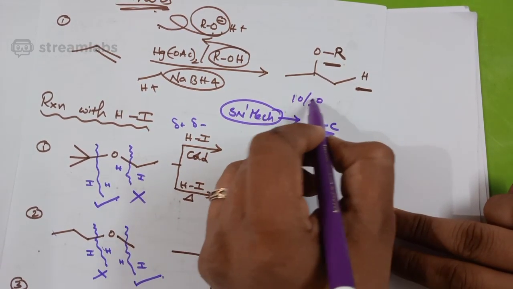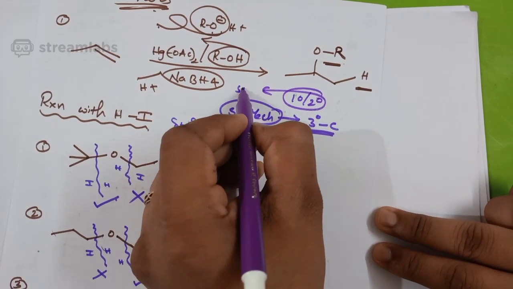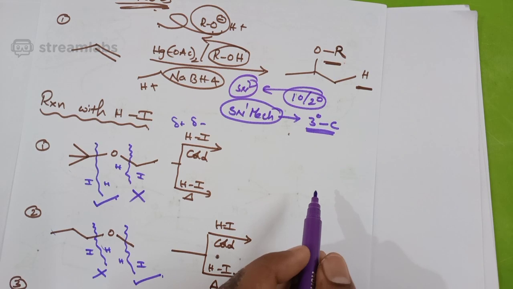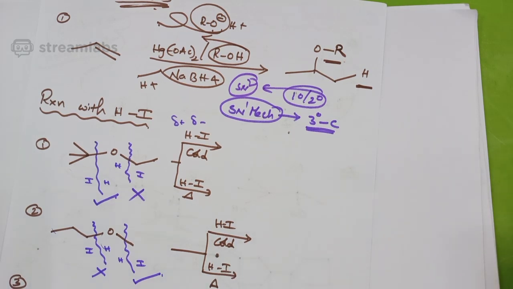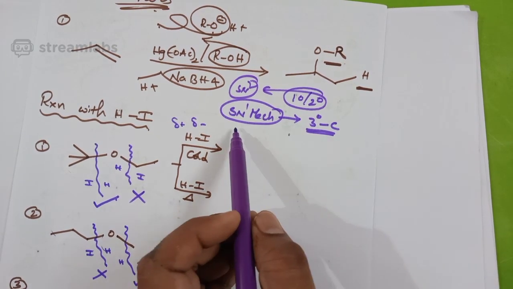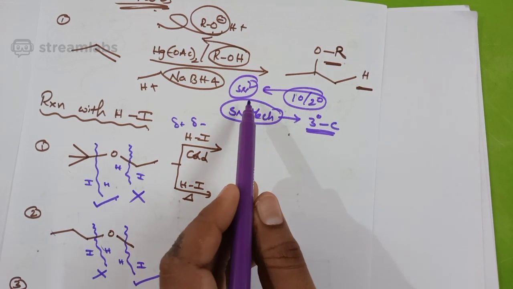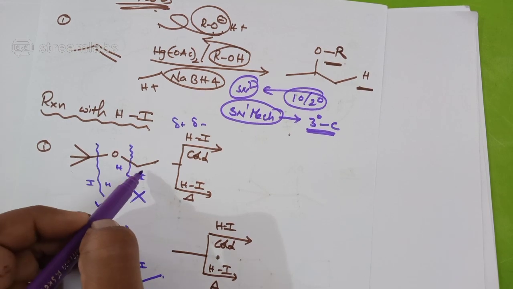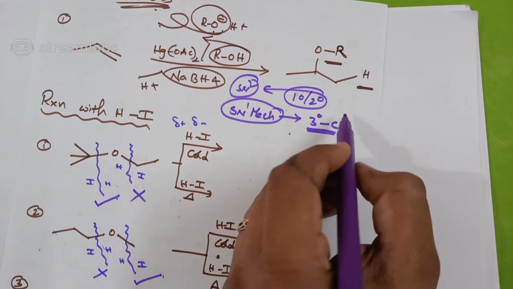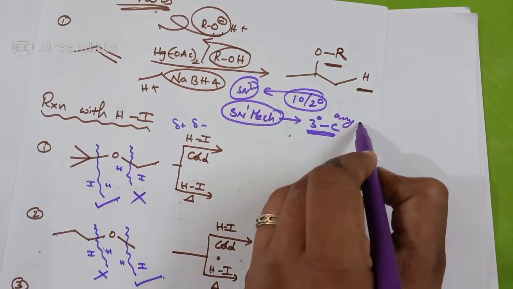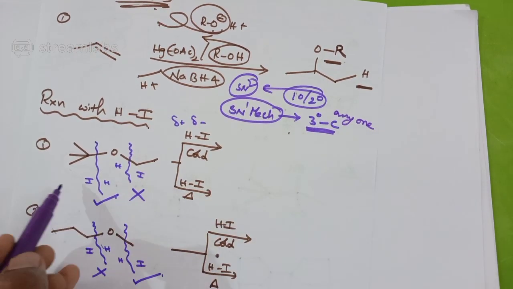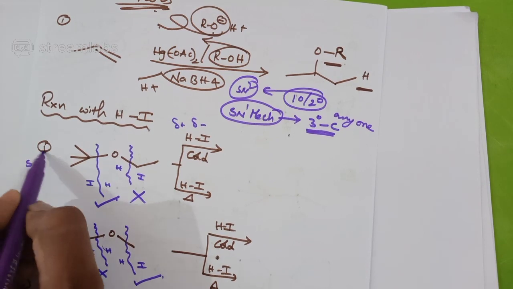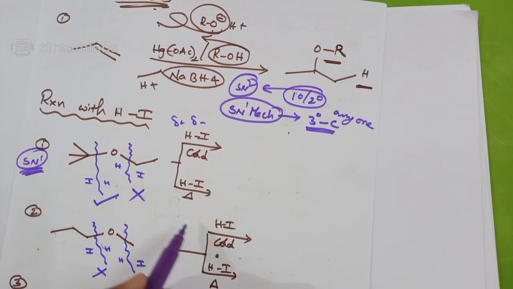Primary or secondary carbons usually follow the SN2 mechanism. Tertiary carbon follows SN1, primary and secondary follow SN2. Now see here, this carbon is tertiary, this carbon is primary. I said any one carbon is tertiary, so 100% the first example mechanism is SN1.